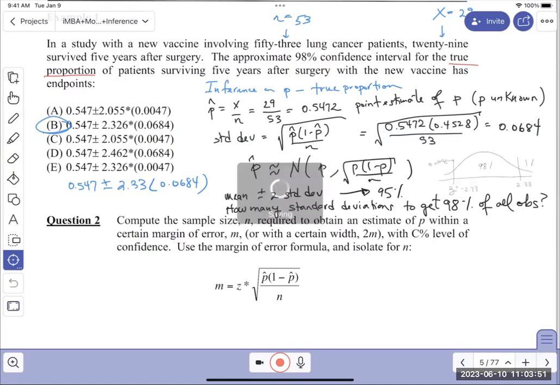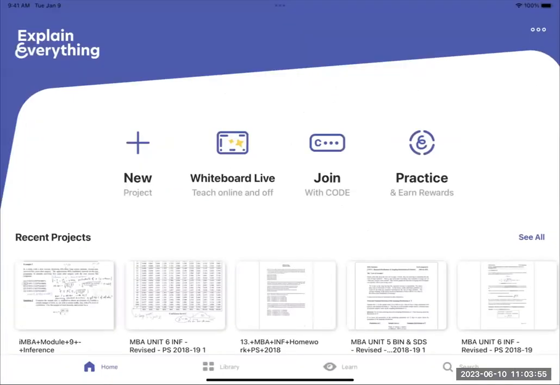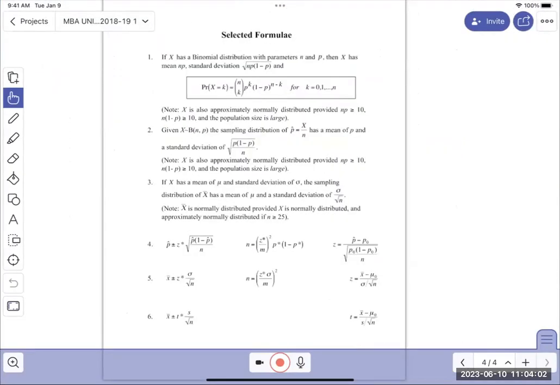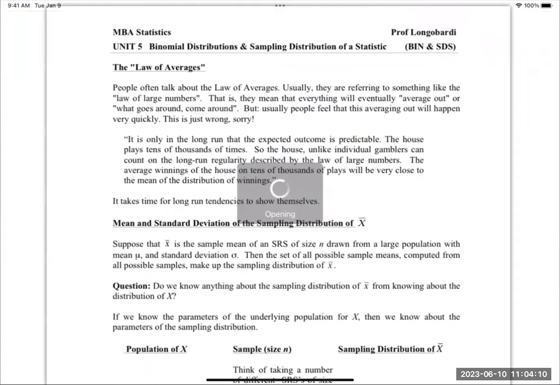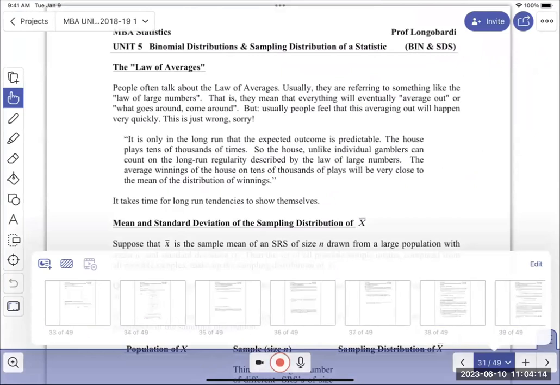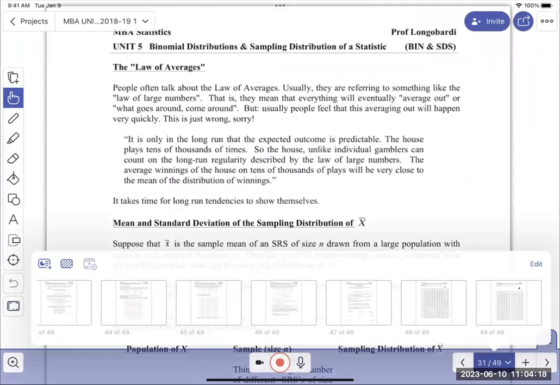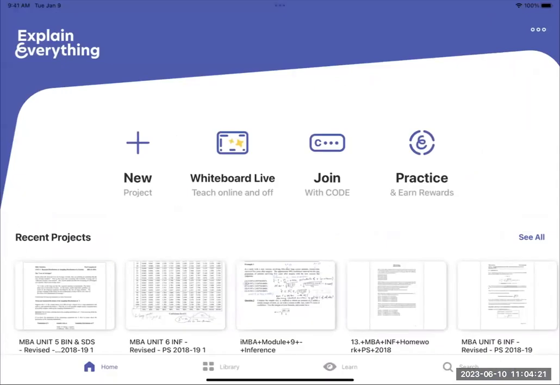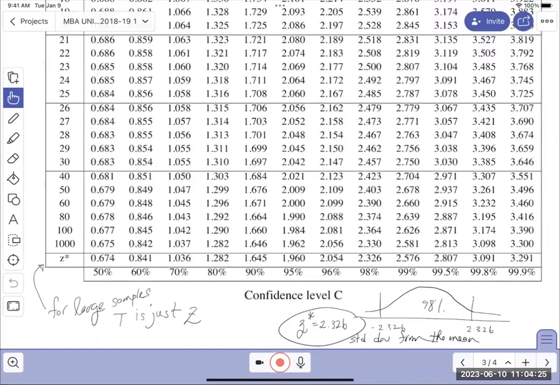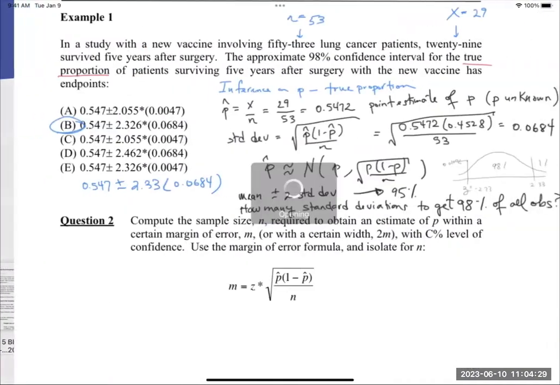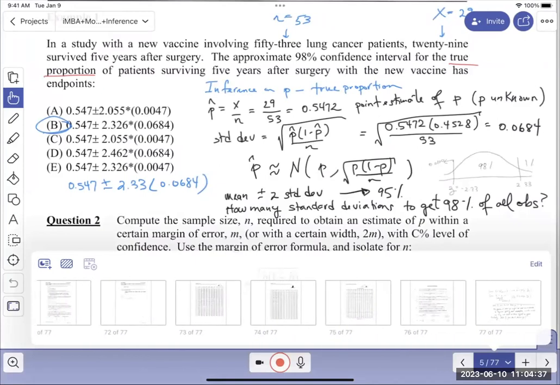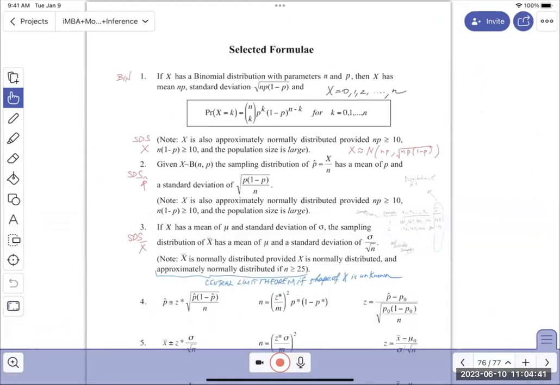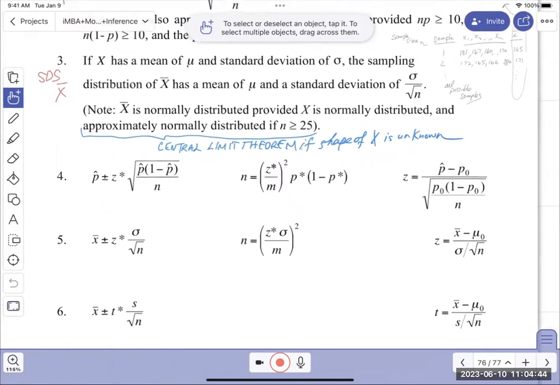Let me go back to our formula sheet. So this is what we did.